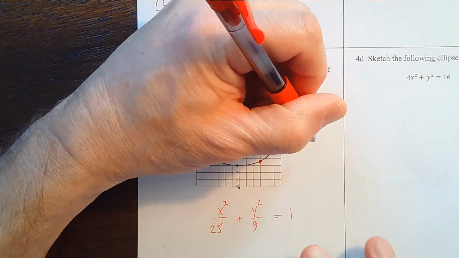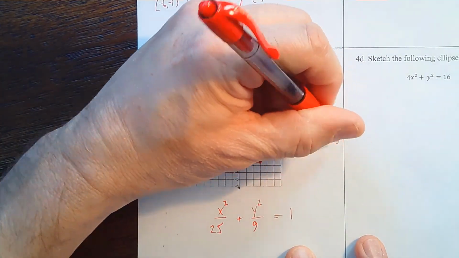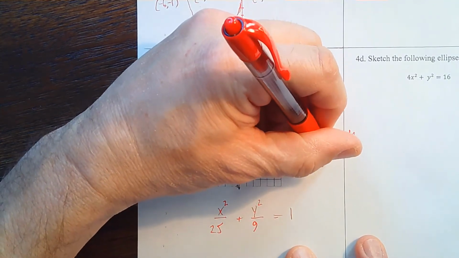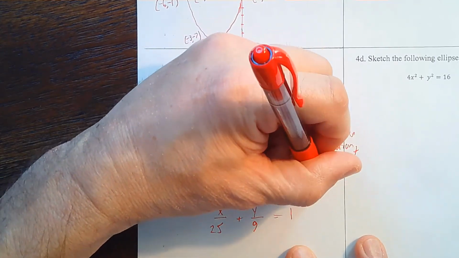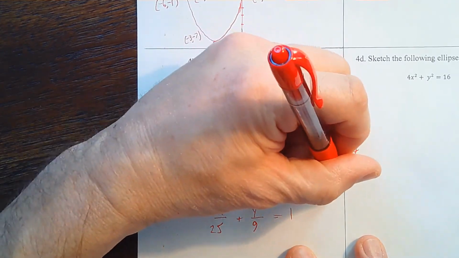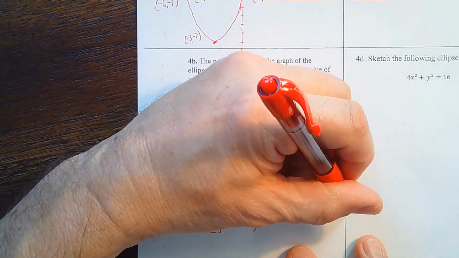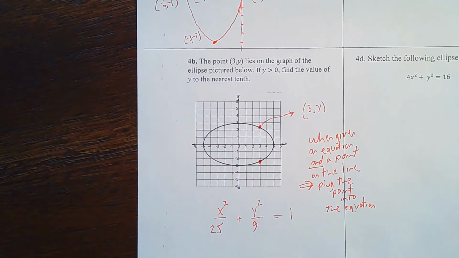That's a typical setup. When given an equation and a point, plug the point into the equation, if the point is on the line, I should say.